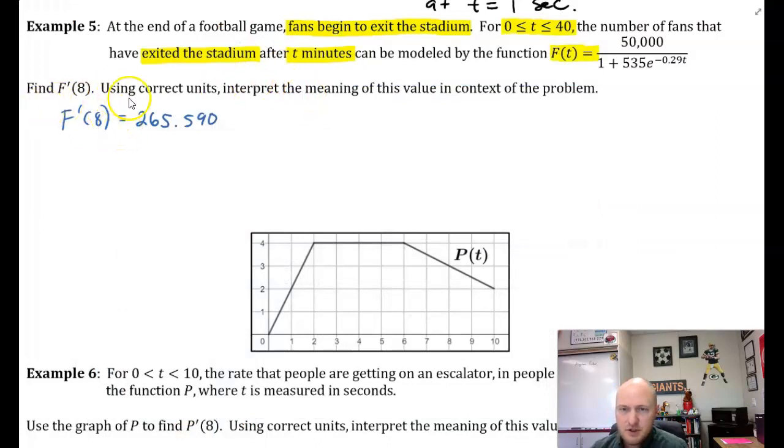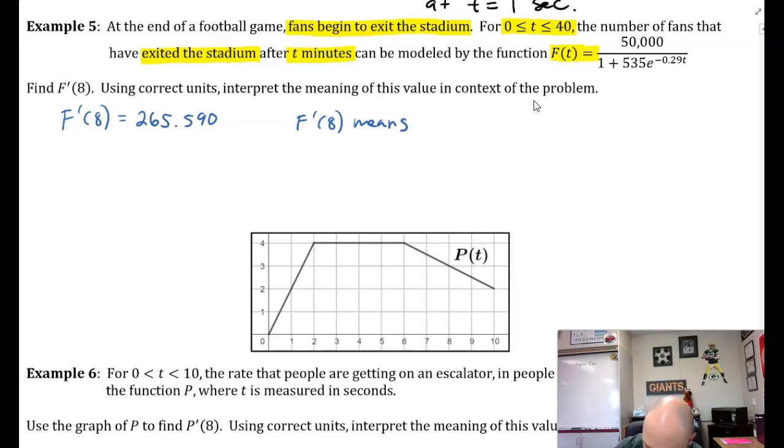Found it. Using correct units, interpret the meaning of this value in context of the problem, okay? So, I need to go ahead and say here, f prime of 8 means, what does that mean? What are we talking about? Well, we're talking about fans exiting the stadium.